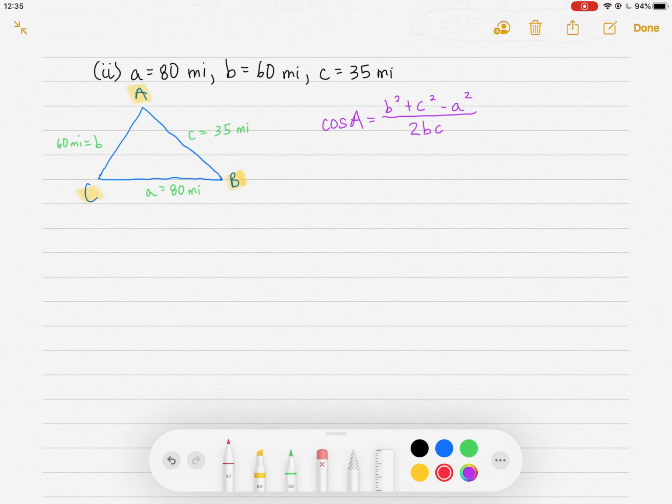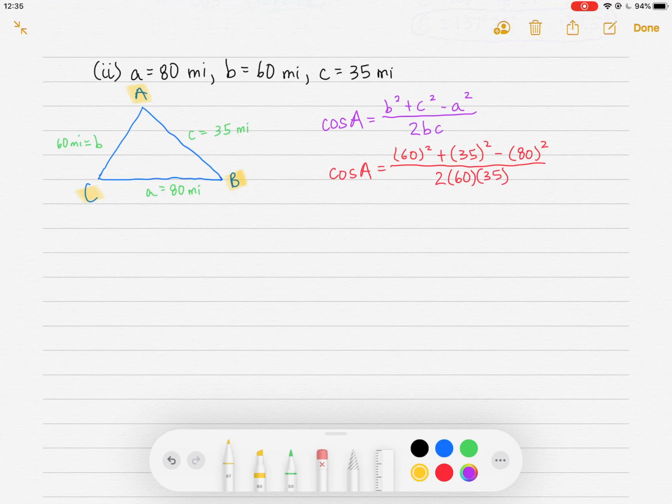Plugging in what we know so far, cosine of big A is equal to 60 squared plus 35 squared minus the 80 squared all over 2 times 60 times 35.